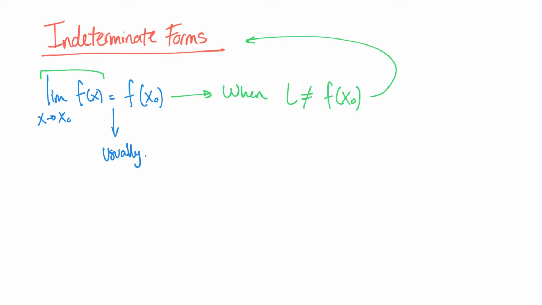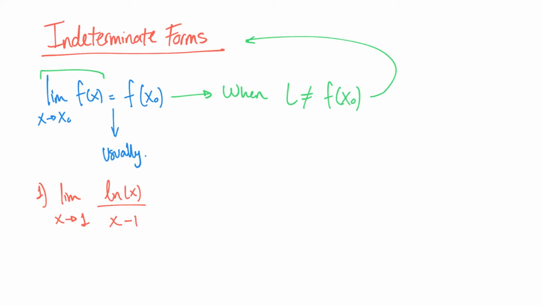What does this mean? Well, an indeterminate form is basically what we get when we have a limit such as the limit as x approaches 1 of natural log of x divided by x minus 1.